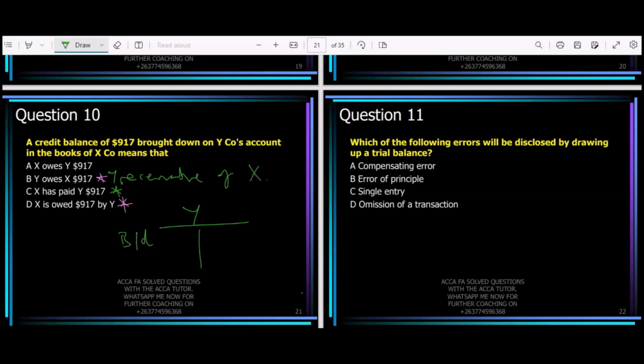The balance BD of 917 should be on the debit side, not on the credit side.